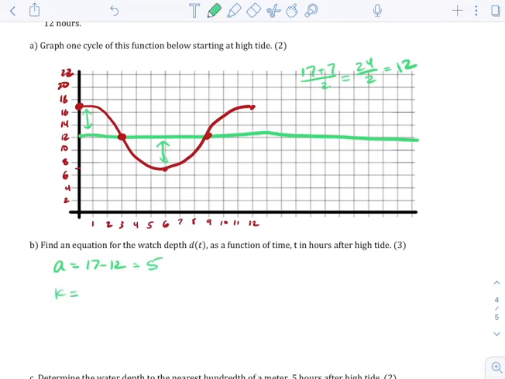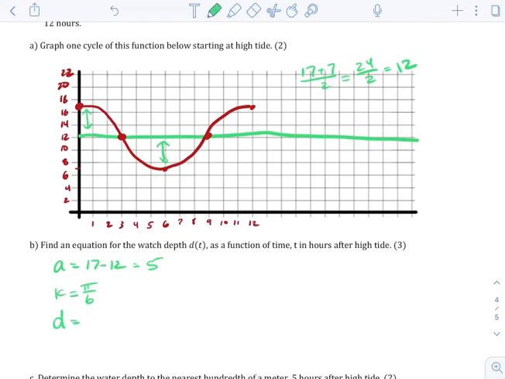My k value, well, my period is 12, so I have to find out what my k value is. So I know that period of 12 is equal to 2 pi over k. So when I isolate, I'm going to get k is equal to pi over 6. And that's that one.